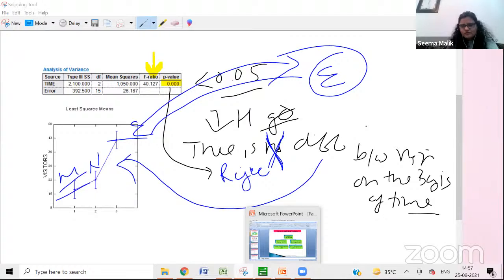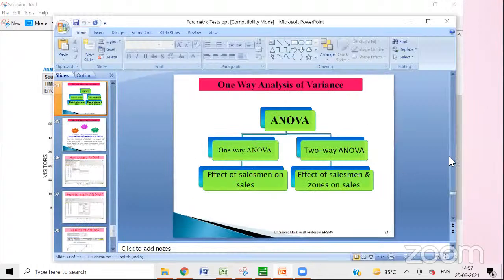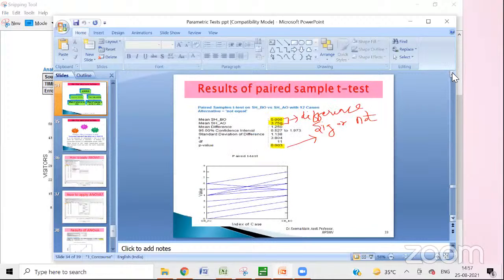Ma'am, in the paired t-test, you said that we can use two samples.